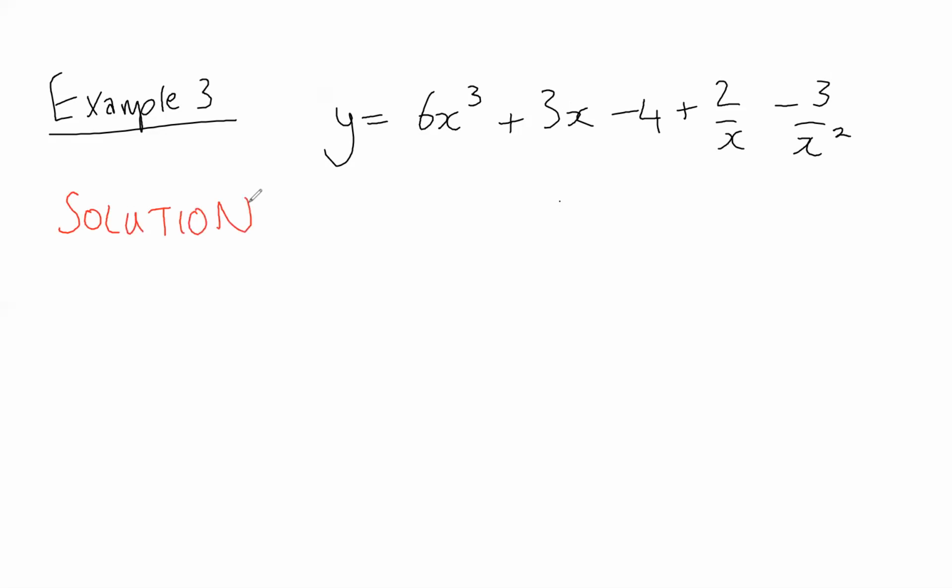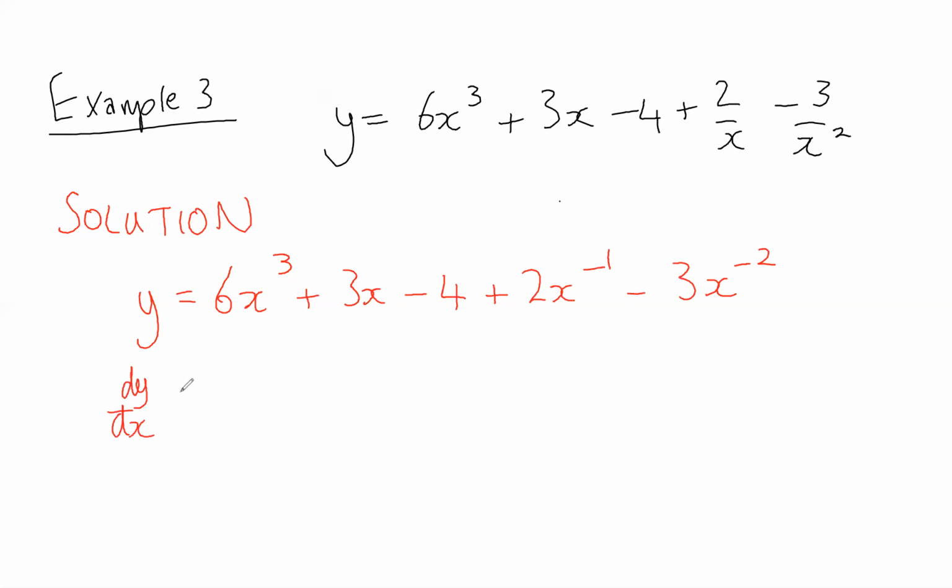Okay, so just be careful with your notation. So this, I haven't differentiated here, it's still just y. So 6x cubed plus 3x minus 4, so I can differentiate those. But that 2 over x is 2x to the minus 1, and that 3 over x squared is 3x to the minus 2. So now I differentiate.